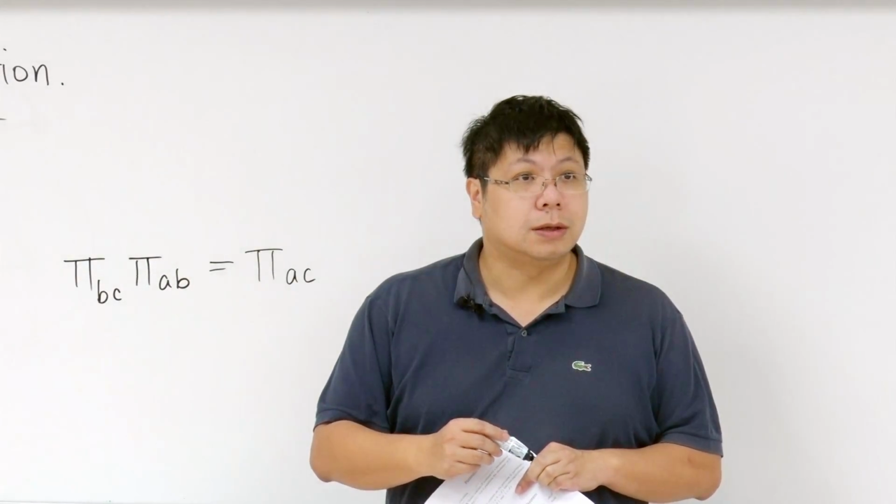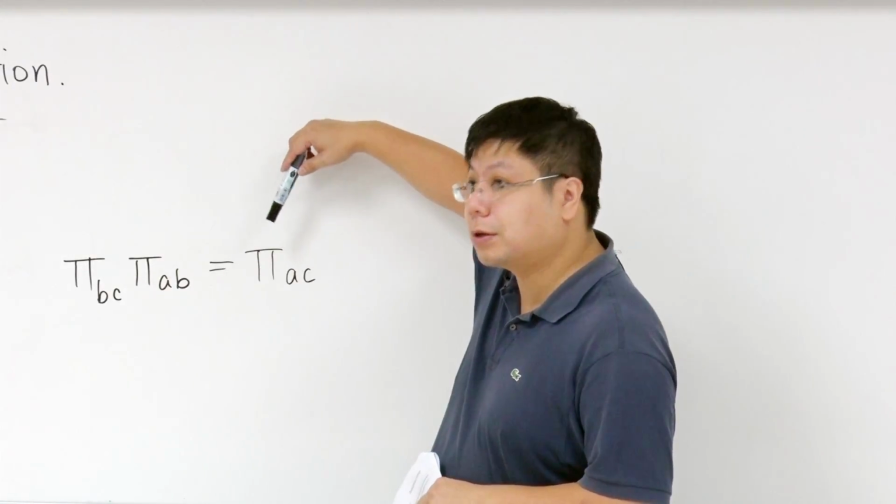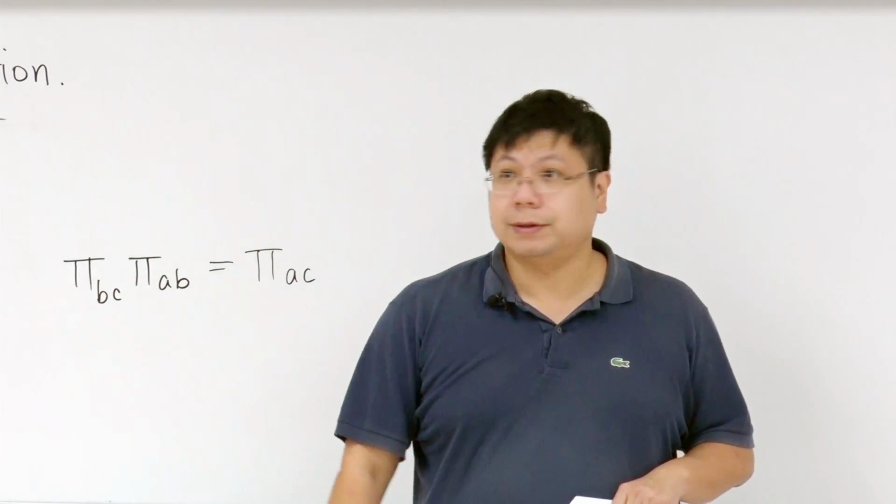That means there is a permutation in the group that maps A to C. So this is an equivalence relation.